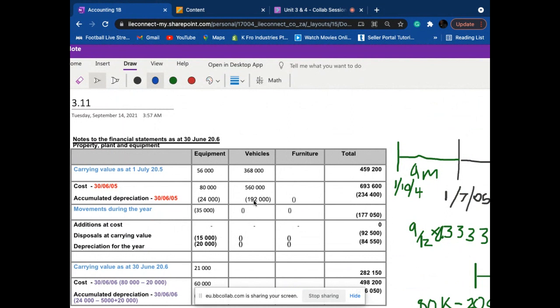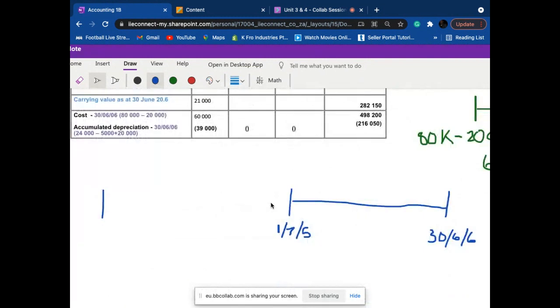We know again in the accumulated depreciation, the vehicle we sold is included there. So again we go back and we see they say that the carrying value was 60,000. Okay, carrying value, we sold it here, so that means the carrying value at this point is 60,000.